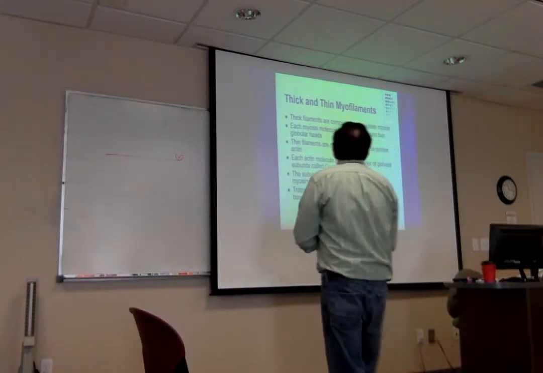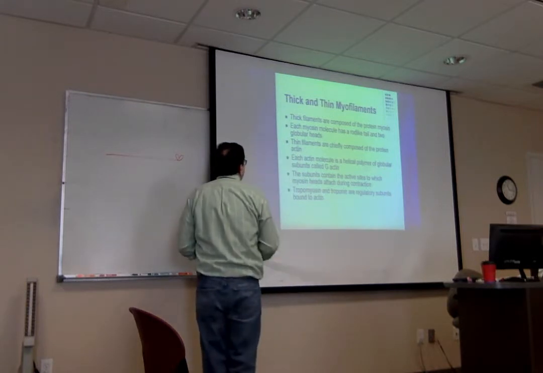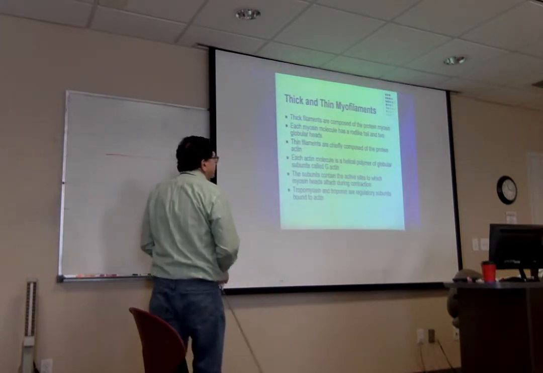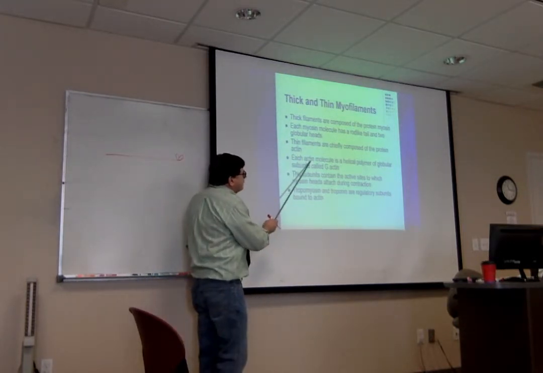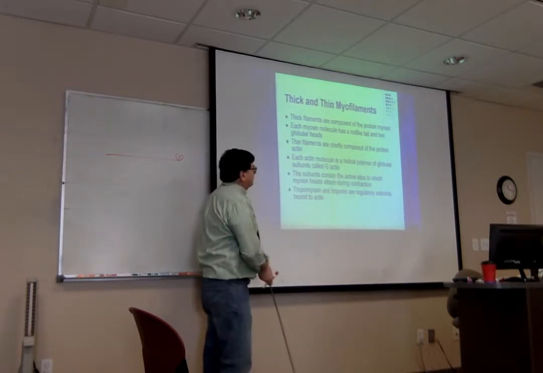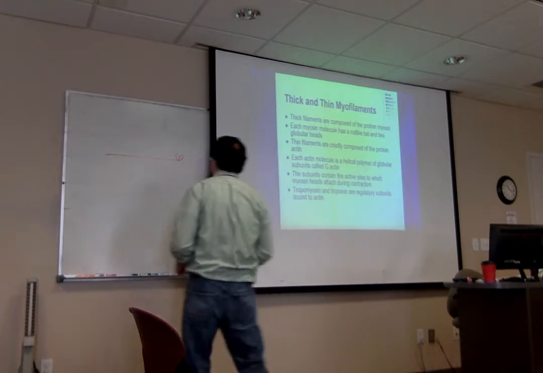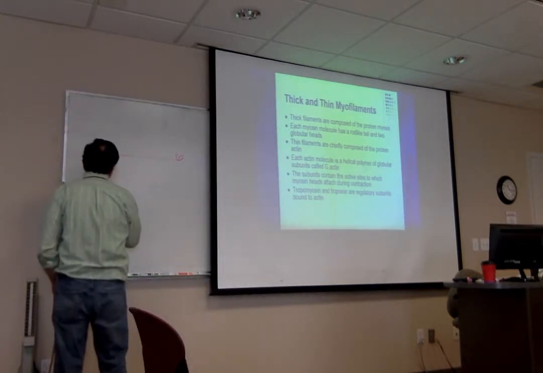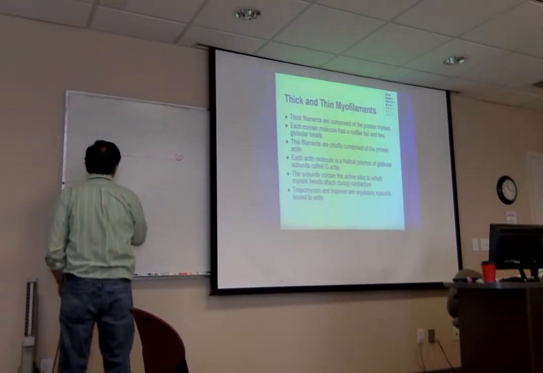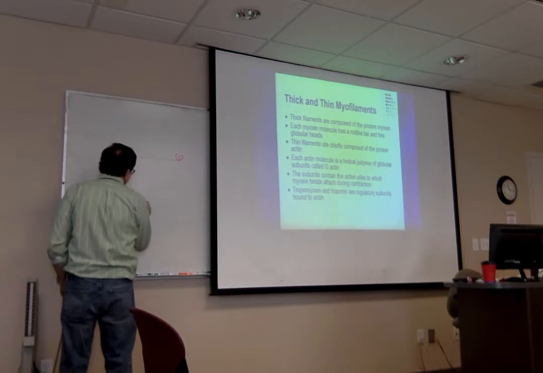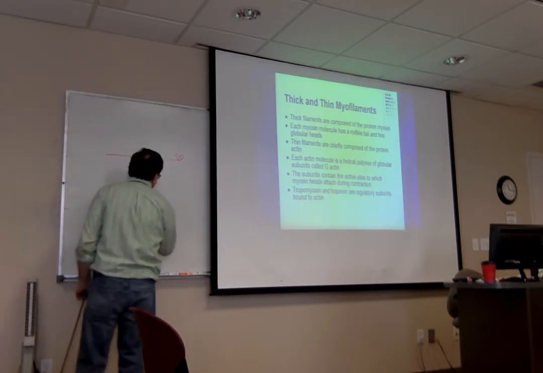Whereas the thin filaments are composed of the protein actin. And these actin subunits or molecules form a helical polymer. So let's look at this. Individual subunits are going to be called G-actin, and that's what I'm drawing here.